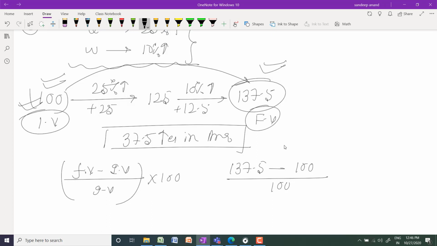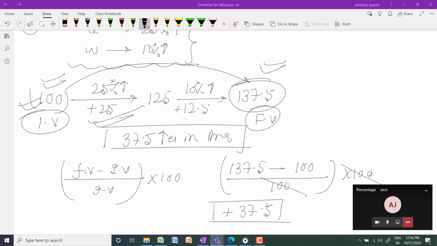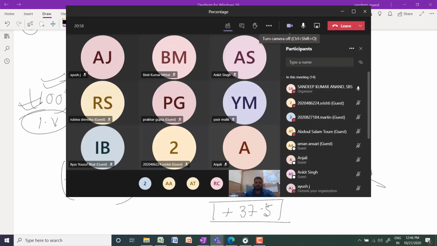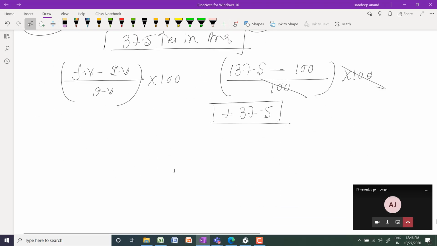Put all these values in the formula and you will get 137.5 minus 100, which gives 37.5. Since this value is positive, it means an increase in area. Yes or no? So this is how we can solve the question whenever the percentage increase and decrease values are given.